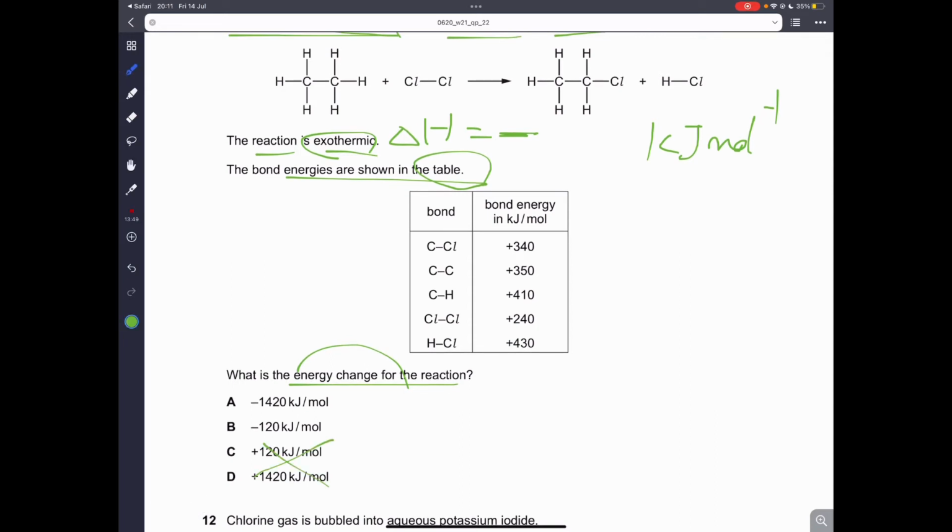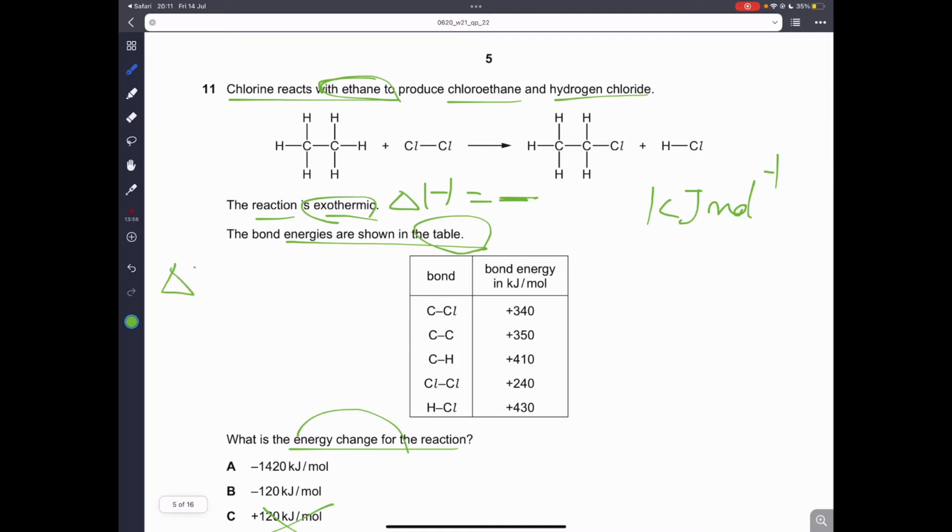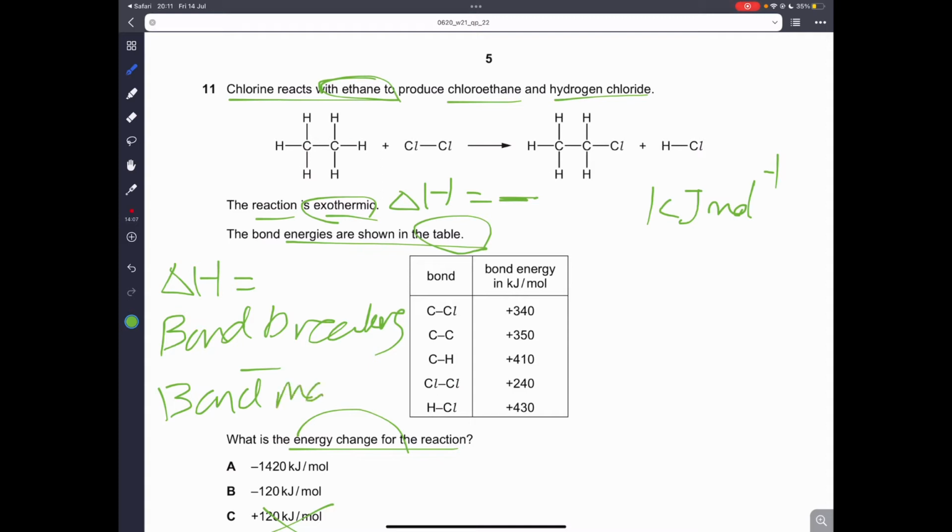Now we have to see the bond energies, since the question is asking for the energy change. So remember, delta H, or the enthalpy change, is basically bond breaking minus bond making. Bond breaking is where we break the bonds on the left hand side, and we make the bonds on the right hand side. But instead of breaking every single thing, we just have to break one single thing.